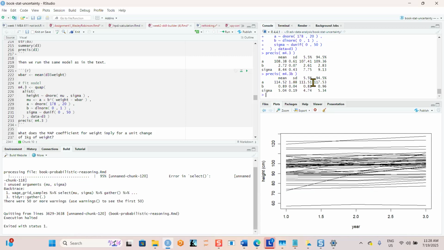But it's also, look, a lot tighter. So centering tightens up the regression results, tightens them up in the HPDI sense. This interval is going to be smaller. This one here is, but this one widens. Sigma widens. And we might think of why. What is sigma here?